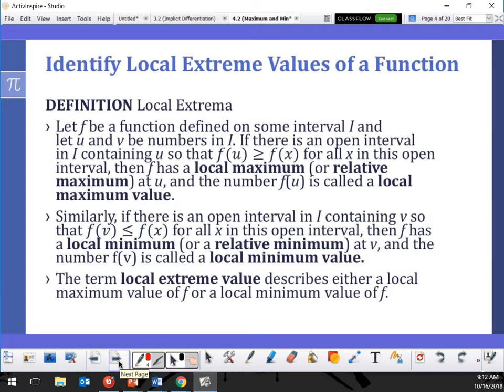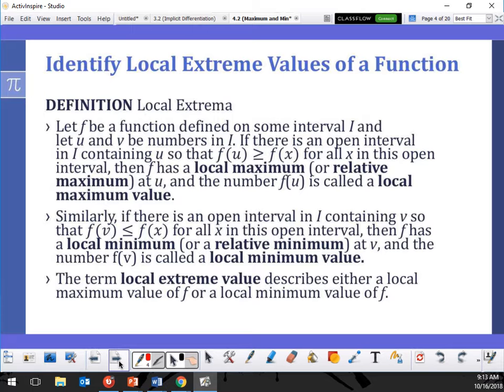Definition of local extrema. Let f be a function defined on some interval I, and let u and v be numbers in that interval. If there is an open interval in I containing u, so that f of u is greater than or equal to f of x for all x in the open interval... now, what does open interval mean? Parentheses. Very good.